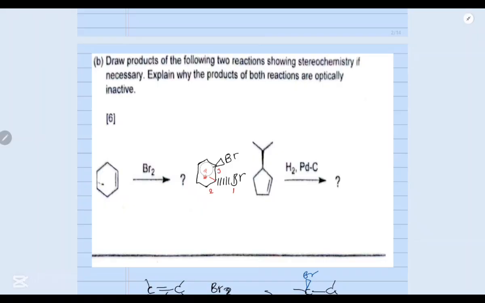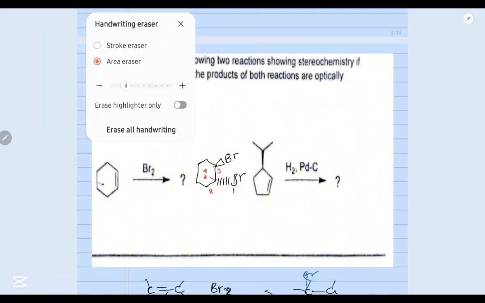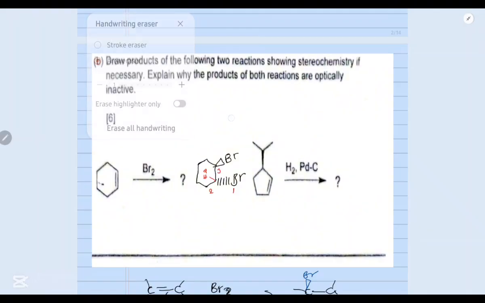And then we also have another chiral center from this bromine here. It is also connected to 1, 2, 3, and the hydrogen, different groups. So resulting in having two new chiral centers.